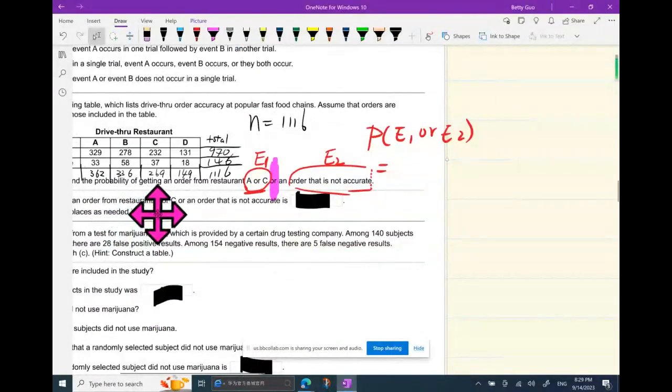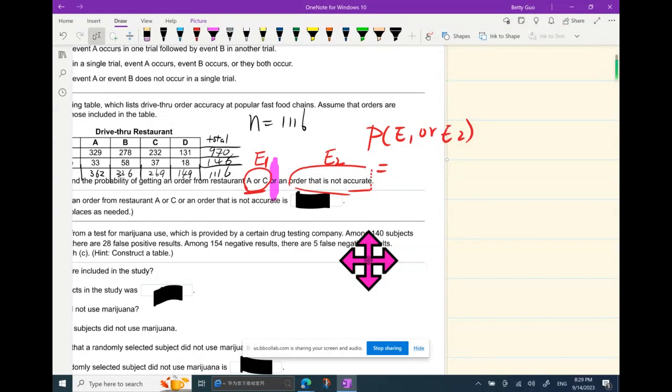Our goal is to find the probability of getting an order from A or C, or the order is not accurate. English is very important in learning mathematics too, because we are learning mathematics in English. You have to understand the grammar and see the structure of the compound event. All right, addition rule.